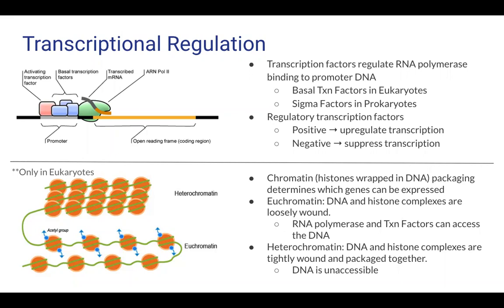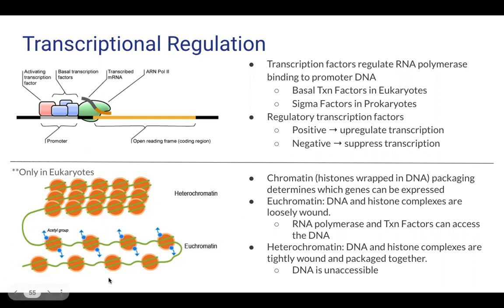A eukaryotic example would be heterochromatin versus euchromatin. Chromatin is how DNA is packaged, and it determines how genes can be expressed. Euchromatin is the loosely packed form of DNA, which is shown at the bottom.